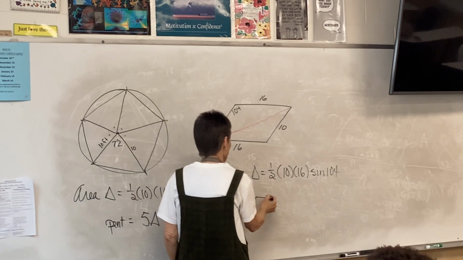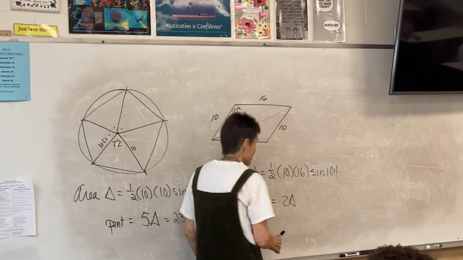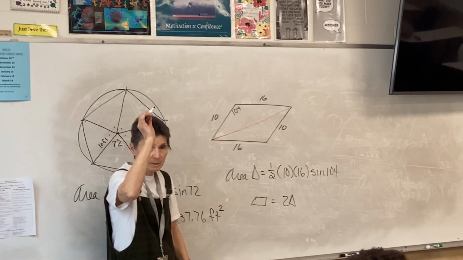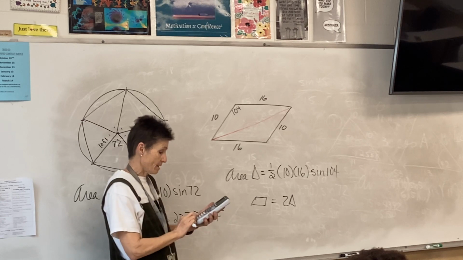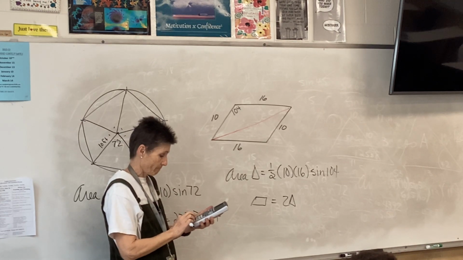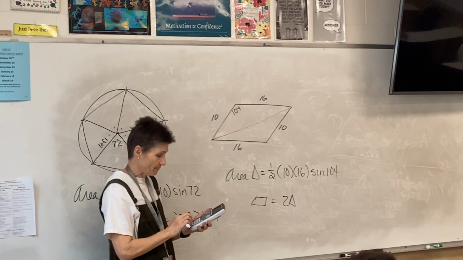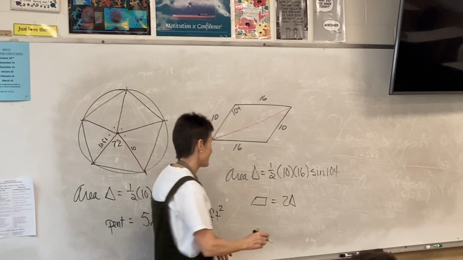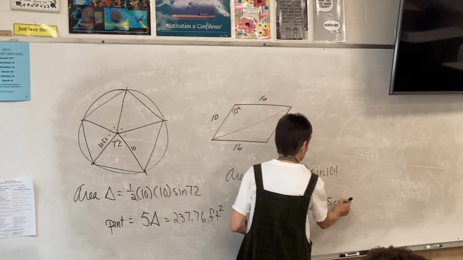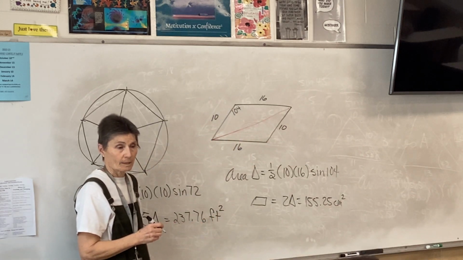The area of the parallelogram is 2 triangles, so whatever you get when you type that in, hit times 2. And that should be the area of your parallelogram. 155.25 square centimeters. Anybody else get that?